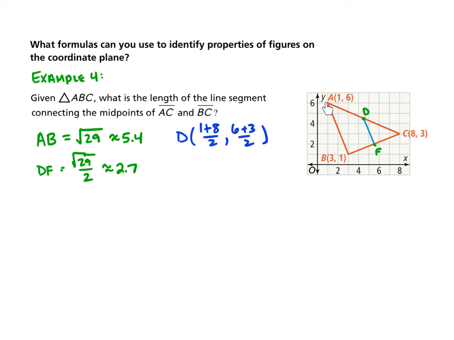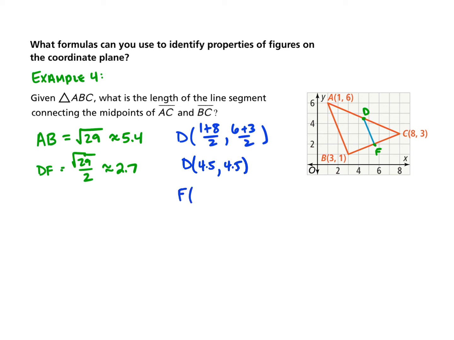So I'm taking A's x coordinate and C's x coordinate, adding them together, dividing by 2, and then doing the same thing with the y coordinates. That gives me 1 plus 8 over 2 and 6 plus 3 over 2. Both of those end up being 9 divided by 2, which I'll write as 4.5. So D is at 4.5, comma 4.5.